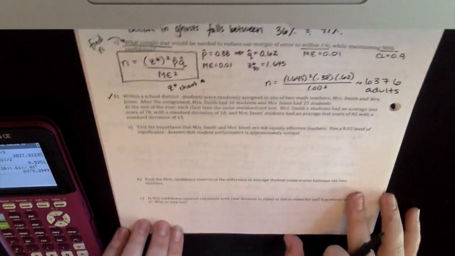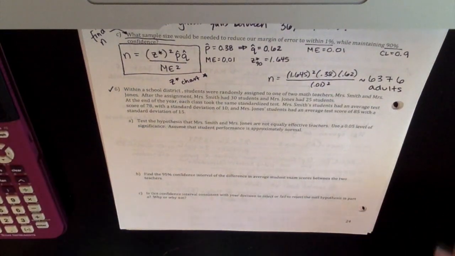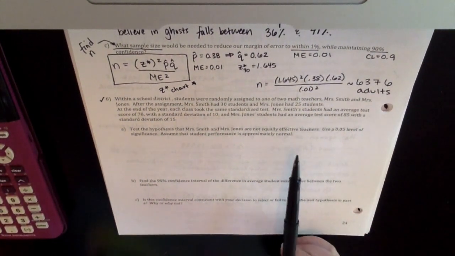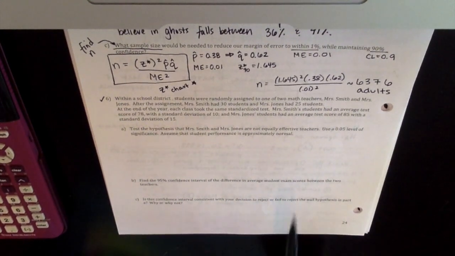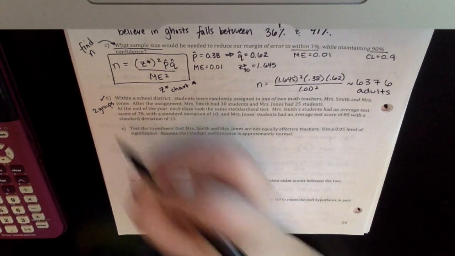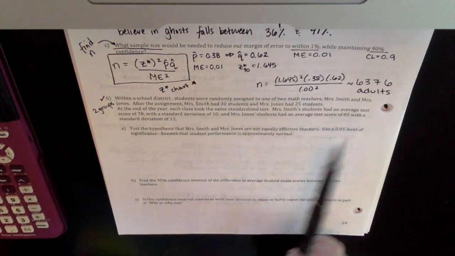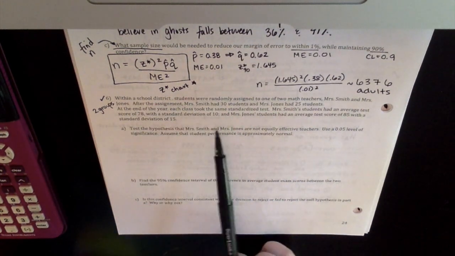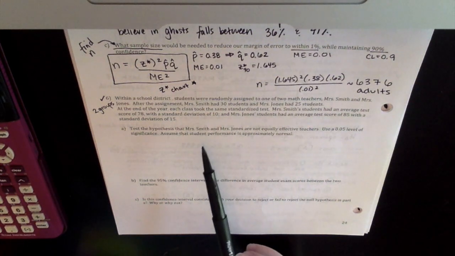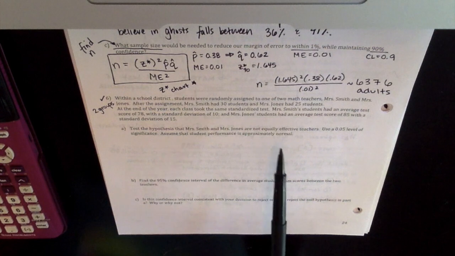All right, let's move on to example 6. Within a school district, students are randomly assigned to one of 2 math teachers. So that sounds like 2 groups, okay? Let's read on, but that sounds like what we're going to see here. It's Mrs. Smith and Mrs. Jones. After the assignment, Mrs. Smith had 30 students, Jones had 25. At the end of the year, each took the same test.